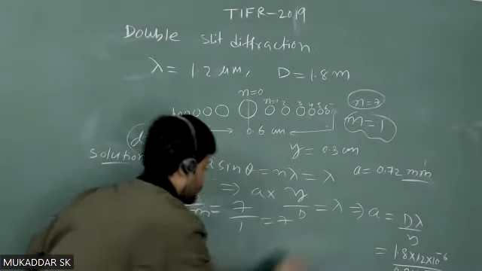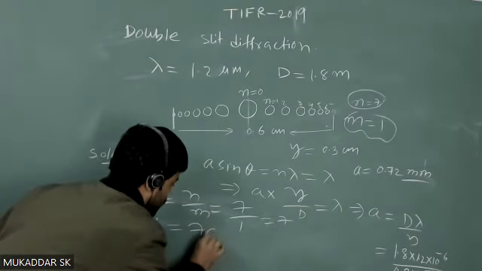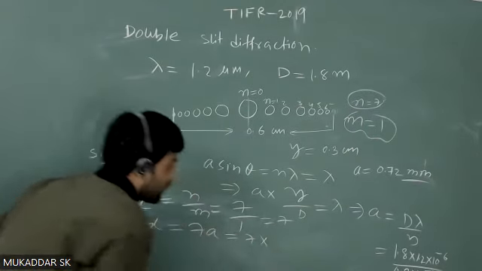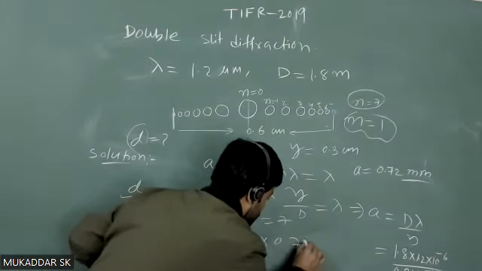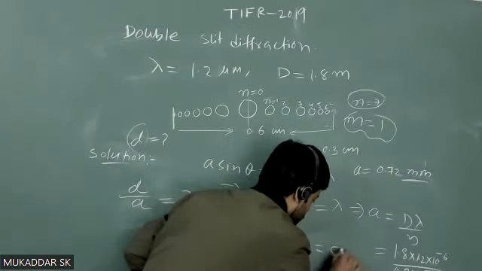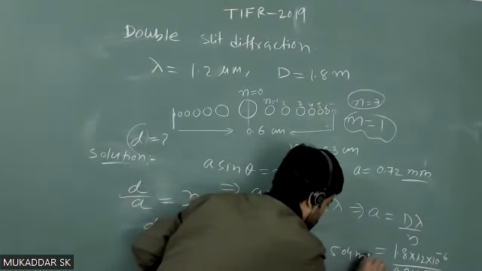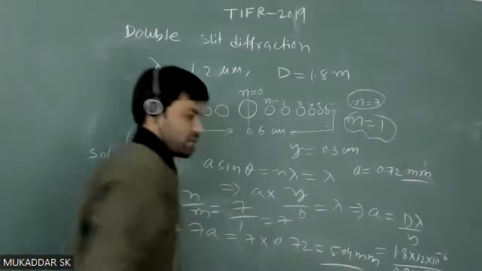So from here I'll get the value of d, which should equal 7 into a. We have calculated the value of a as 0.72 millimeter. So d should be 7 into a, and that is basically 5.04 millimeter. So this is the separation between the two slits. Okay, thank you.